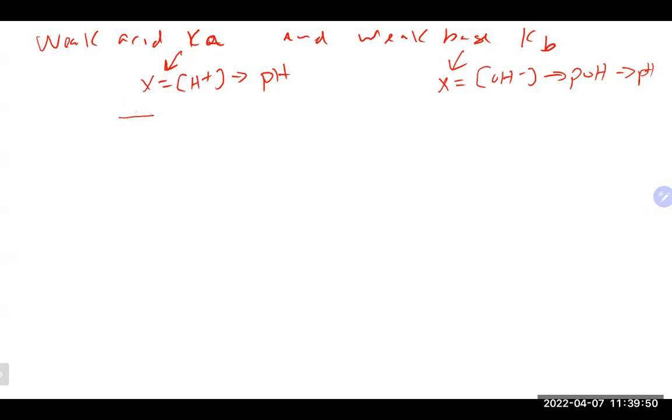So the larger the bond enthalpy, that H is going to hang on a lot easier, is not going to come off, and thus it would be a much weaker acid than something that has a smaller bond energy, which means we could break this bond relatively easily, allowing that H to come off.